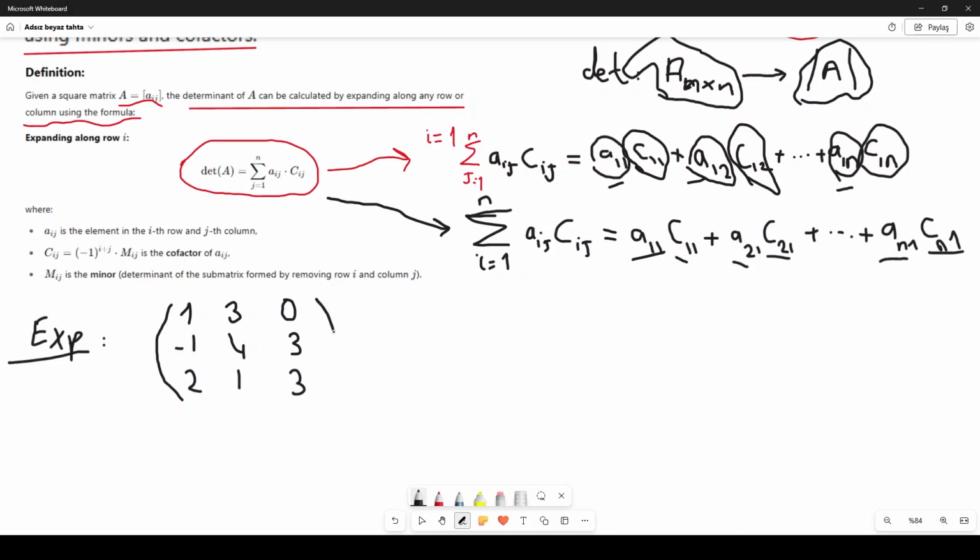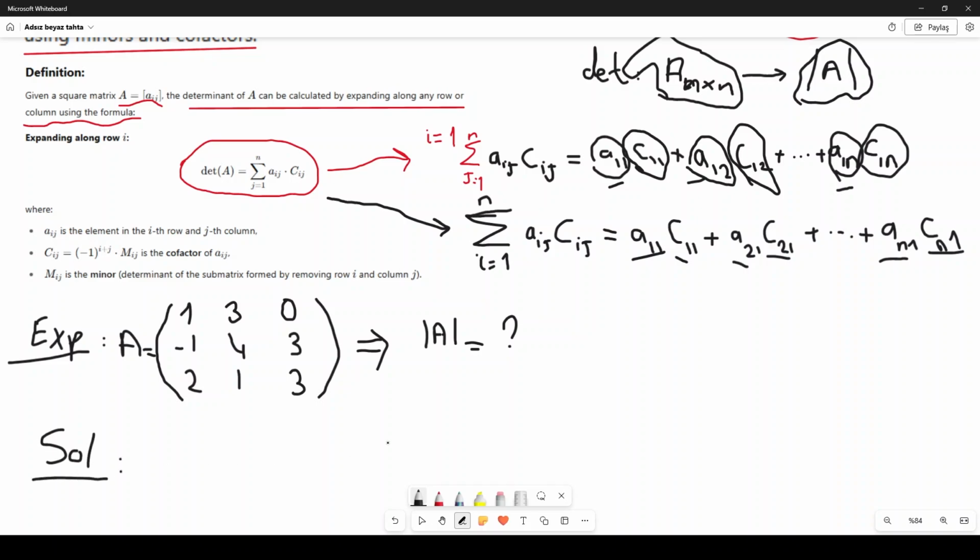All right. Now let's say this is the matrix given to us. This is our original matrix. Call it A. And let's find its determinant by using the cofactor expansion method. What's the determinant value? Okay. Now, let's solve this problem.